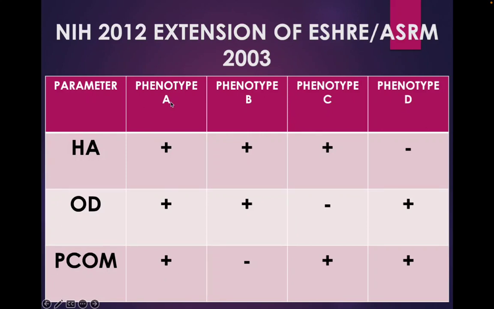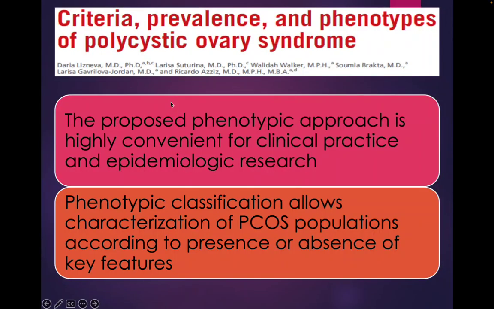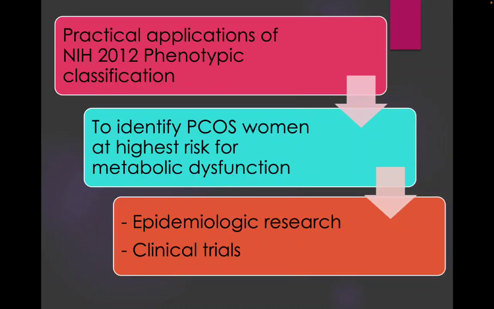The practical application of the NIH 2012 phenotypic classification is to identify PCOS women at highest risk of metabolic dysfunctions, because these are the patients who land into clomiphene resistance. We have to do LOD in these patients, and these are the patients who land into OHSS, and we have to follow longer stimulation protocols for these patients.